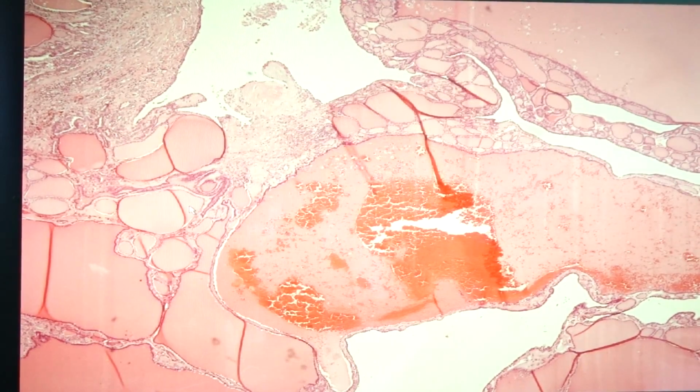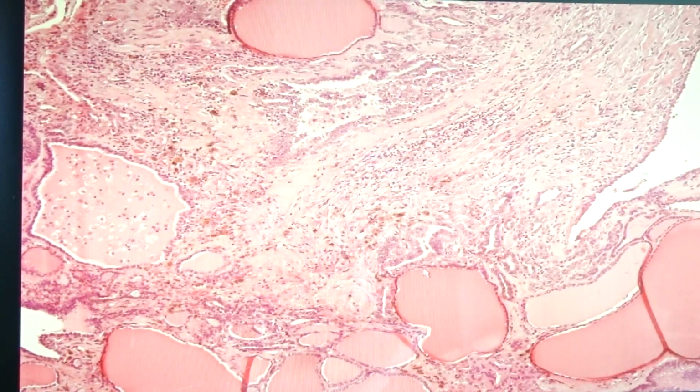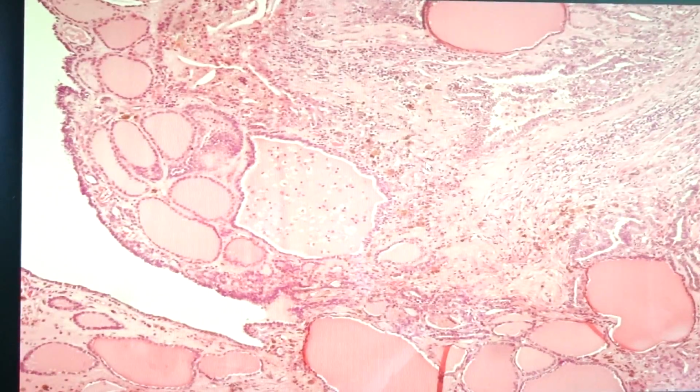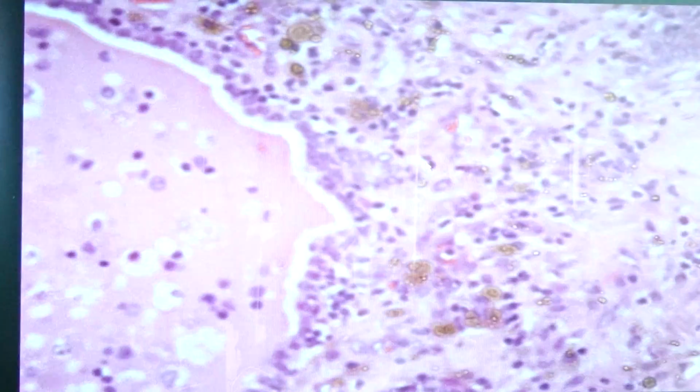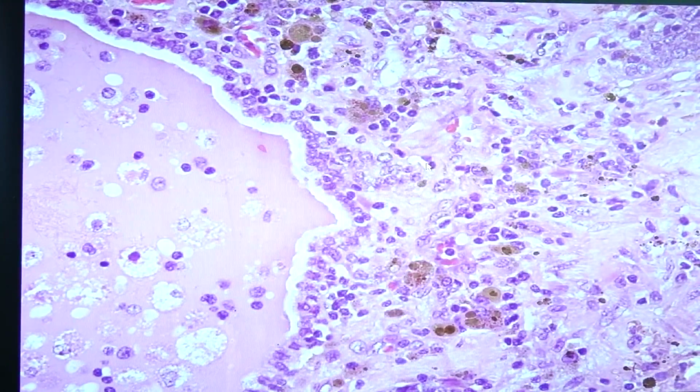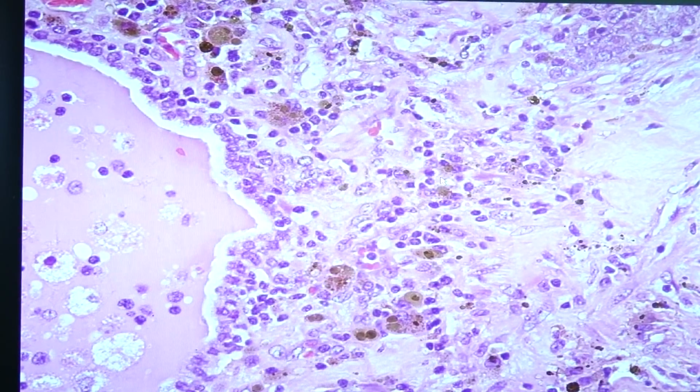Here you can see areas of hemorrhage, and in some areas you would take note of the presence of fibrosis, the presence of inflammatory cells, and then you would see hemosiderin-laden macrophages and lymphocytes, because some of the follicles tend to leak some of the colloid and would cause the reaction.